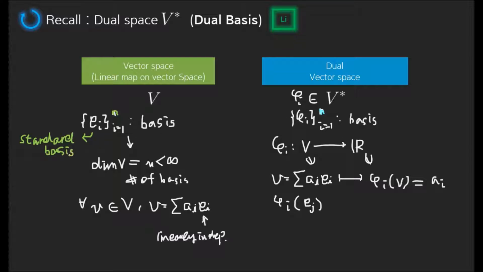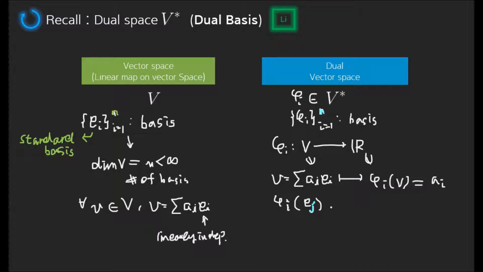Standard basis, then if we substitute the standard basis into the coordinate function, this is index i, this is index j, this is index j, and this is index i.